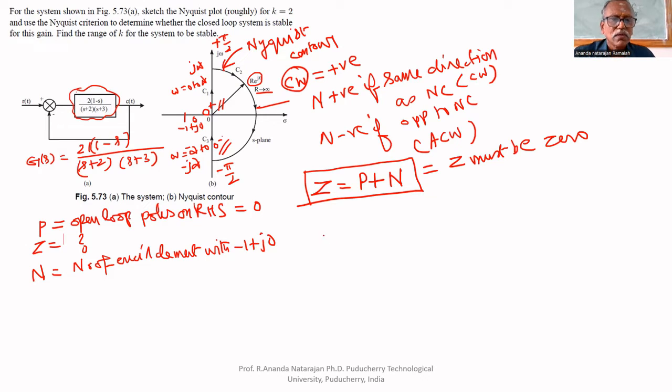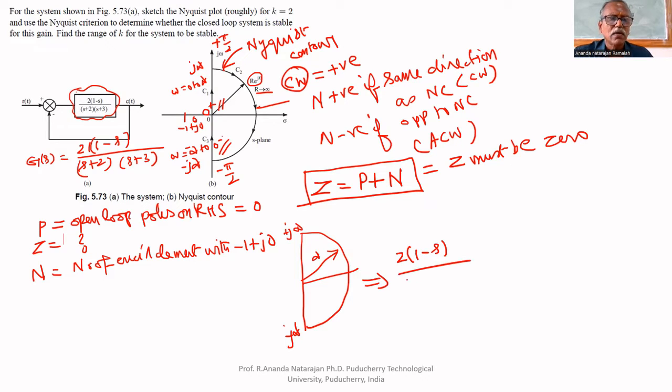Now, we have to map this Nyquist contour on 2 multiplied by (1 minus s) upon (s plus 2) multiplied by (s plus 3).